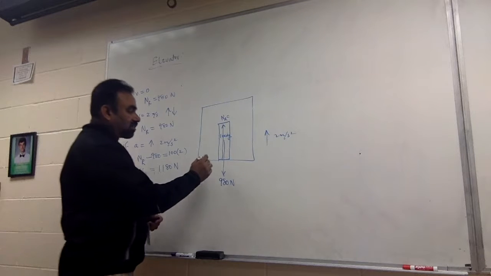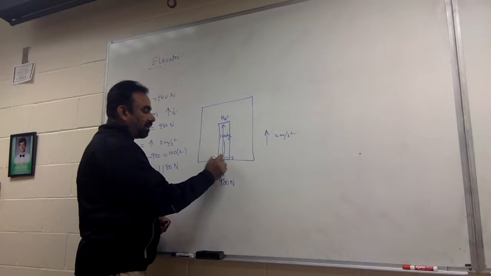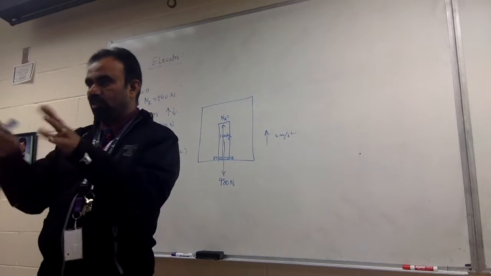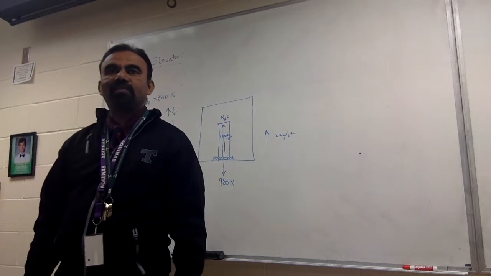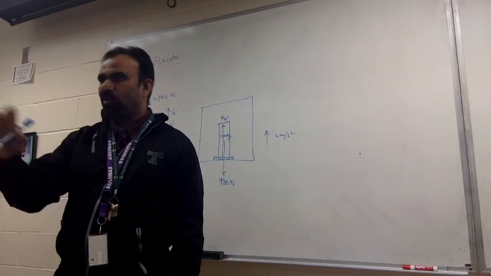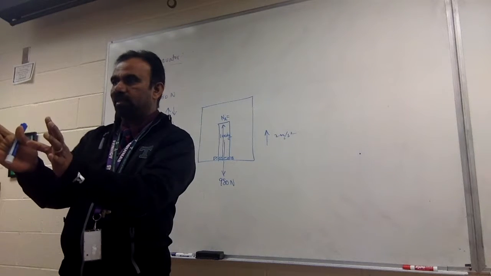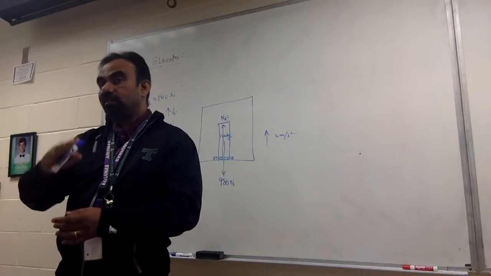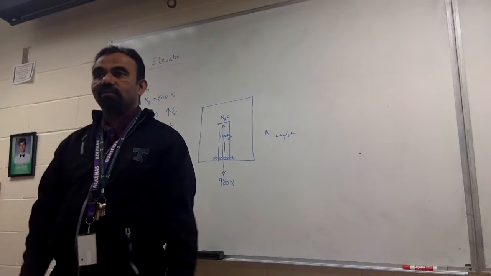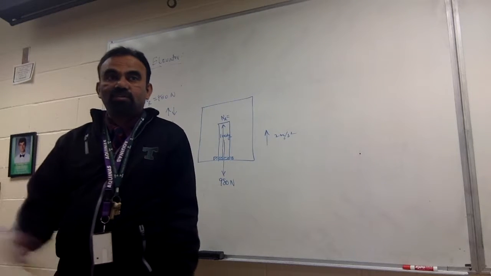Now, imagine you put a scale in the elevator and stand on it. The pointer type, not the digital one. The digital one normally locks up after you stand, right? But the analog one can change according to the situation.